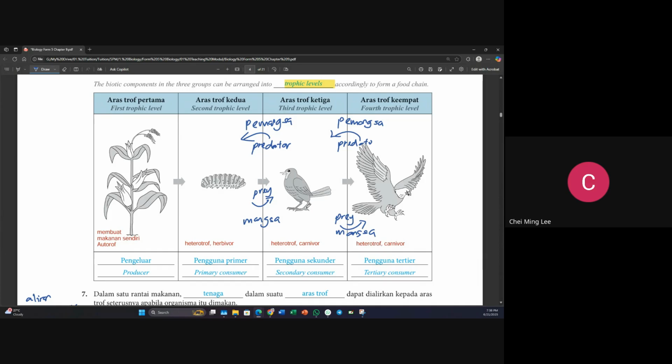Now let's see each of them. For the first one, they make their own food, they produce their own food, and they are called autotrophs.